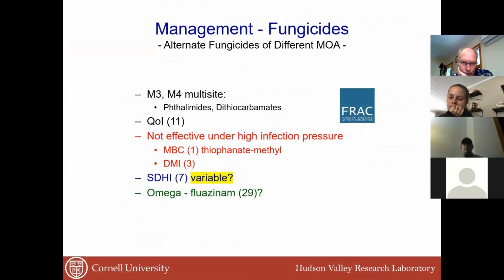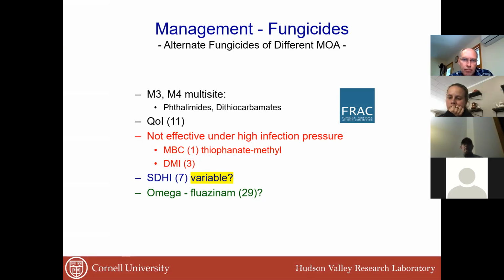In terms of management, I've listed here which groups of fungicides are used to manage these fungi. And of course, the most effective ones are the multi-site fungicides, the M3 and M4 groups, and also QoI fungicides, FRAC 11 group. However, when you look at thiophanate-methyl and DMI fungicides, basically your Inspire Super, your Rally, and other DMIs, they are not effective under high infection pressure scenarios.